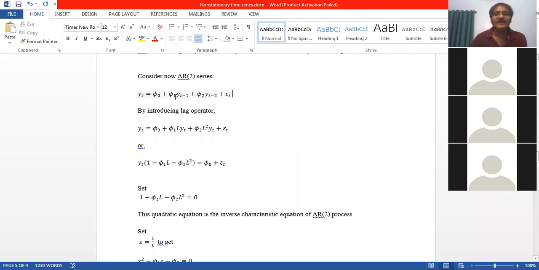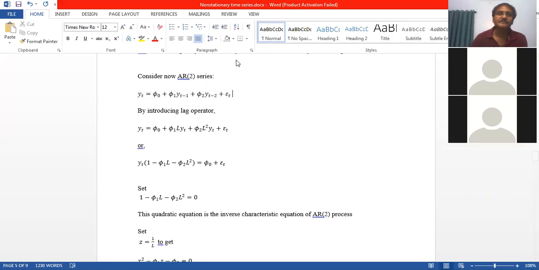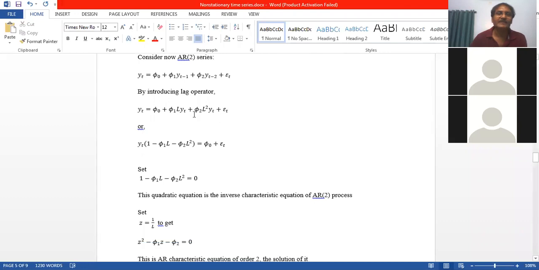Introduce lag operator here. After introducing lag operator, you have this kind of expression. Take all yt terms in the left hand side. So you have this kind of expression: yt into 1 minus phi 1 L minus phi 2 L squared is equal to phi naught plus epsilon t.